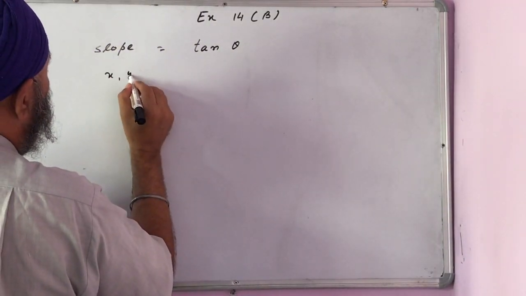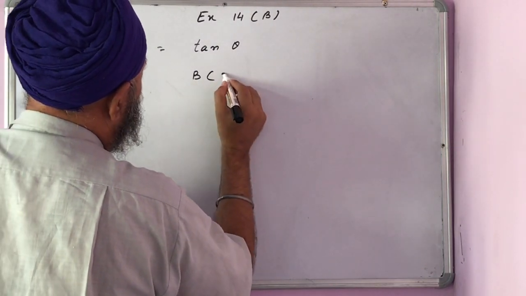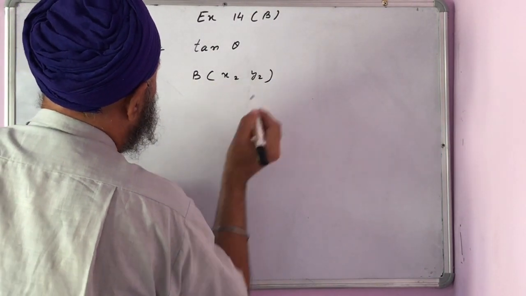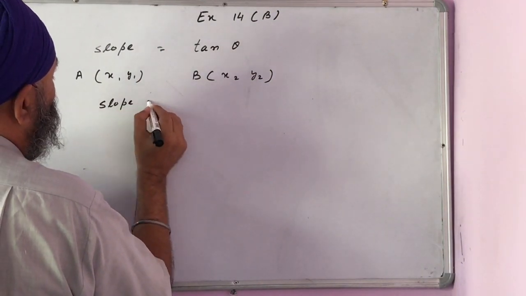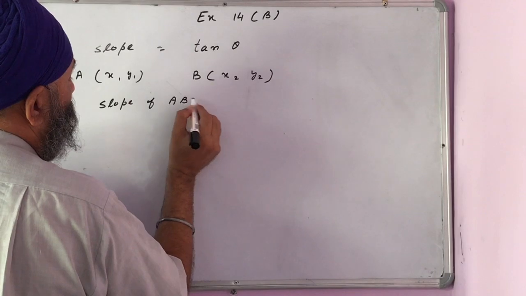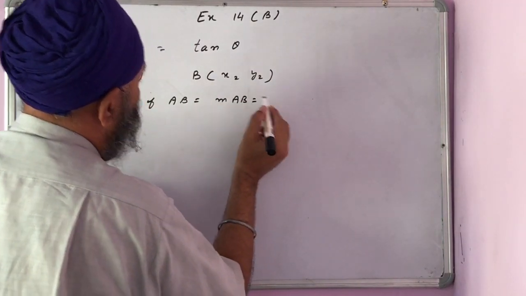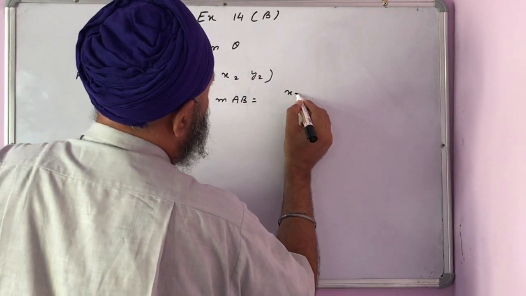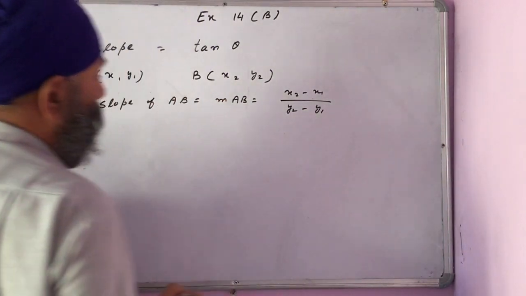If 2 points are given, a line passing through 2 points A and B, then slope of AB, generally we denote it by M. M of AB, slope of AB is x2 minus x1 upon y2 minus y1.